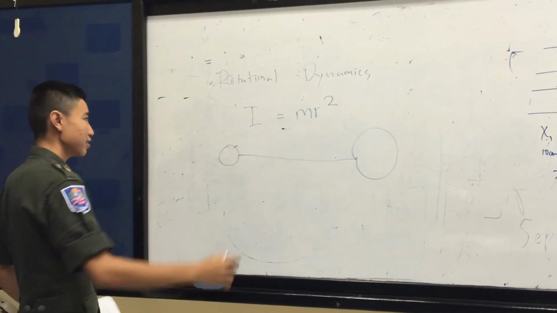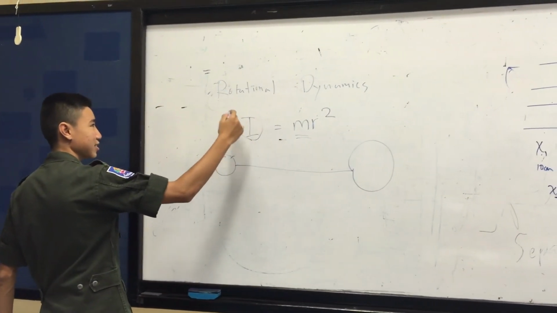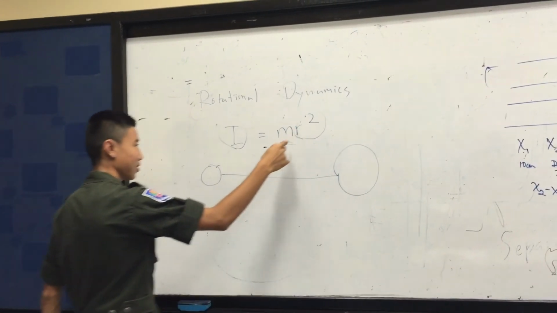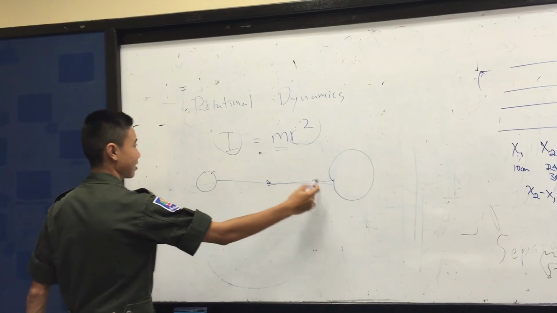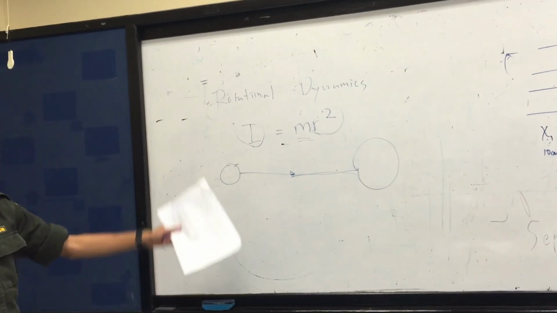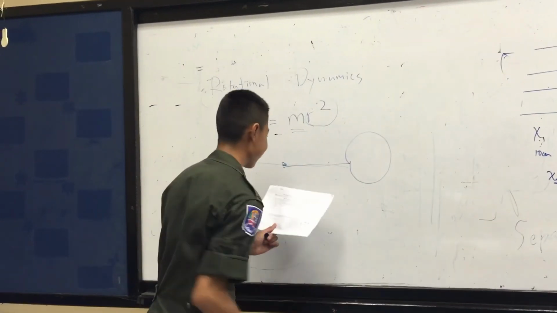So if we have more mass, the inertia will be more, and if we have more radius, we will also have more rotational inertia.